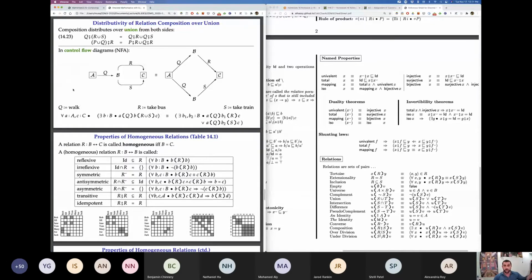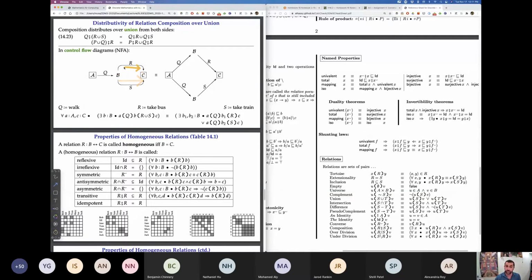So sometimes you'll see these relations also maybe next term or next year at least when you get to these diagrams for automata. So for example, I'm walking from here to the station, and then when I get to the station, I can get home by taking the bus, or I can get home by taking the train.